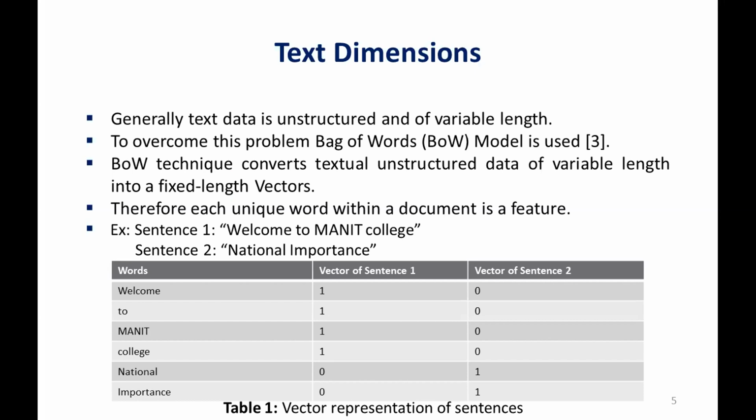For example, sentence 1 is "welcome to Manit College", and the second is "national importance". The first sentence can be represented by putting 1 corresponding to each word that occurs in the sentence. In this way, vectors can be of a fixed length and can represent a document or sentence.